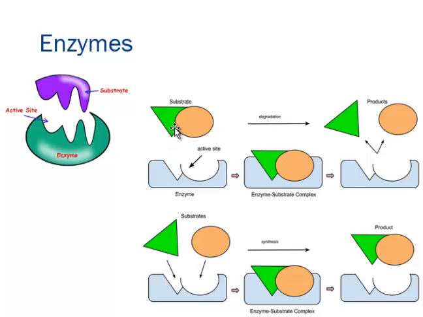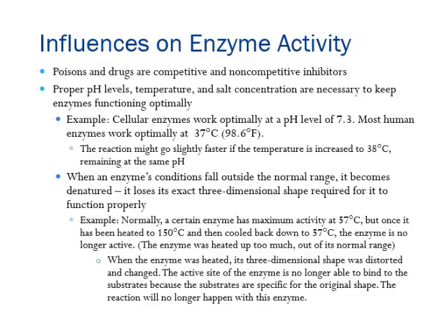The way that works is they have to fit perfectly into the enzyme. The enzyme then performs the reaction by breaking it apart, and there you go. And the same thing is true the opposite way, where you have two substrates coming in here, and they eventually combine to form one product.